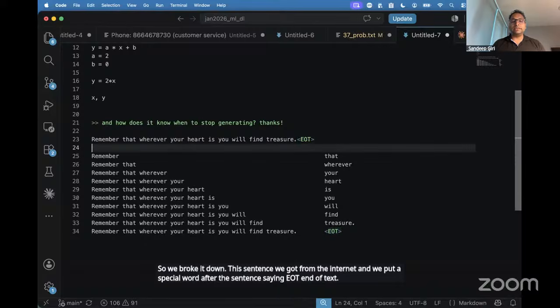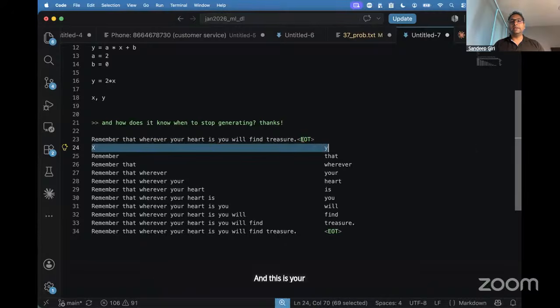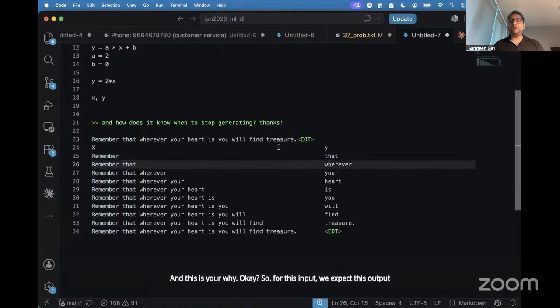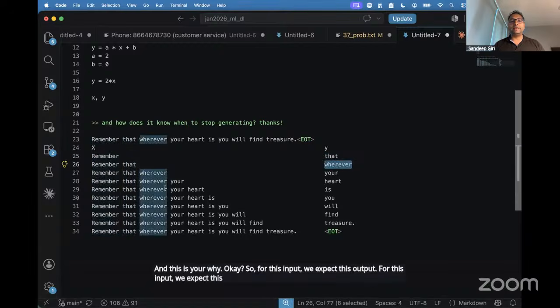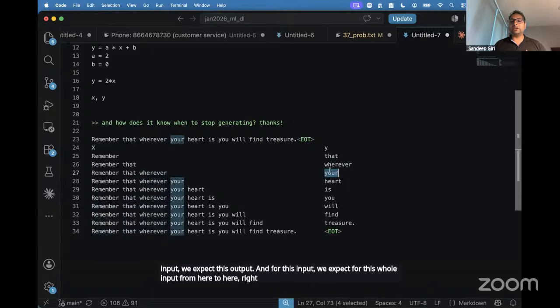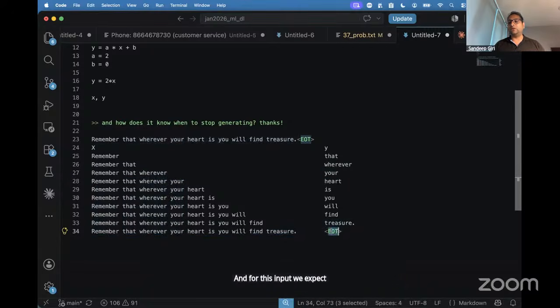So this is your X and this is your Y. For this input, we expect this output. For this input, we expect this output. And for this whole input, from here to here, we expect this output. And for this input, we expect end of the text. So our model should say that this is the end of the text.